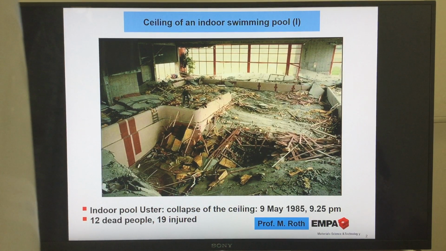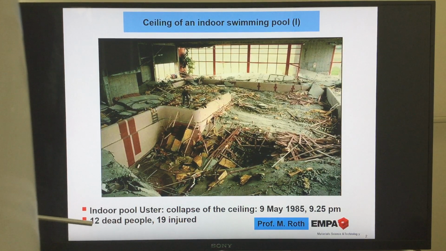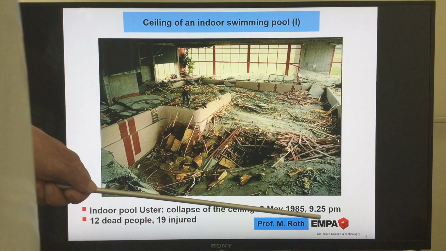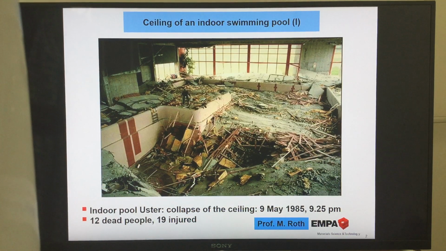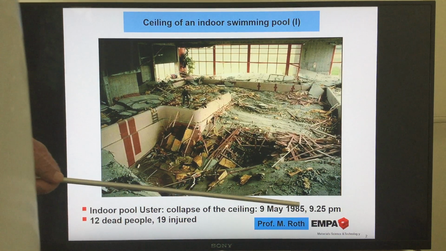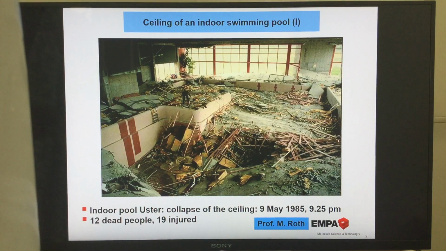And you see already that due to this collapsing, 12 people died swimming there, and 19 were injured. And have a look at the time. It happened at 9:25 at night, and it was supposed to close at 9:30. So 5 minutes decided between being dead or alive.